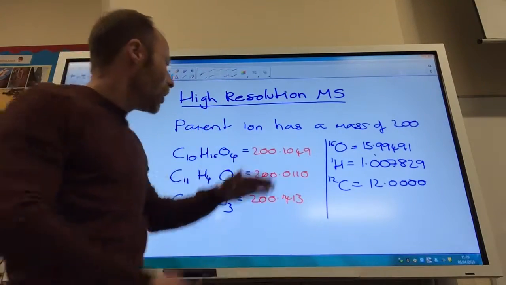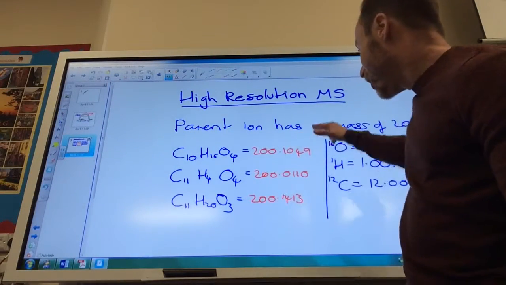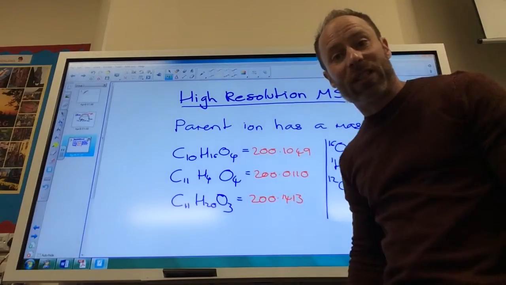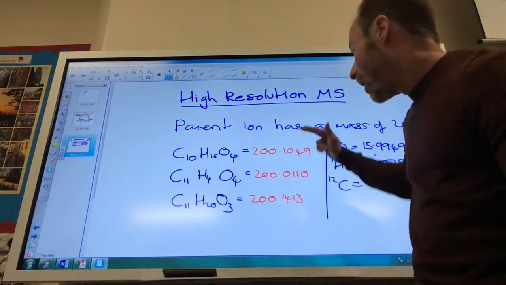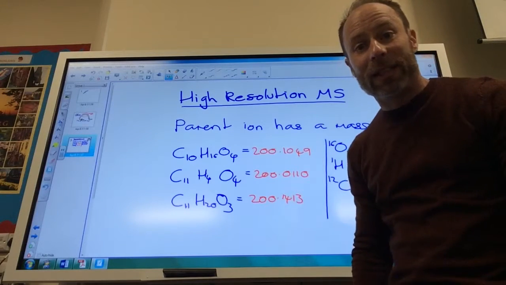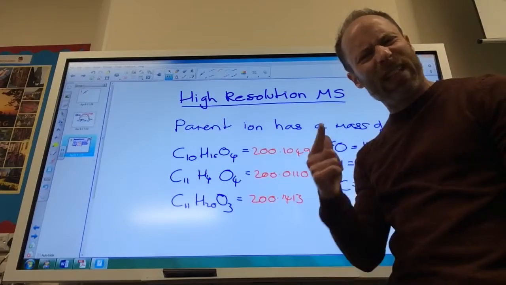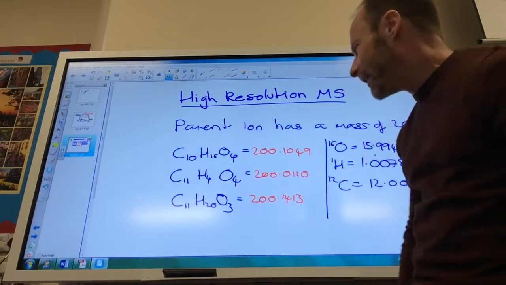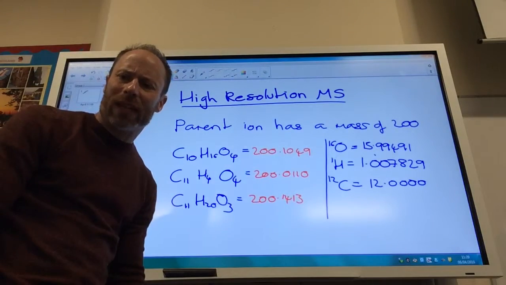Although to the nearest whole number they're all 200, if I go to a high degree of accuracy, you can see they're different. So in a high resolution mass spectrometer, I would be able to tell the difference between these three formulas. So it can really nail down exactly what atoms are in the organic molecule.